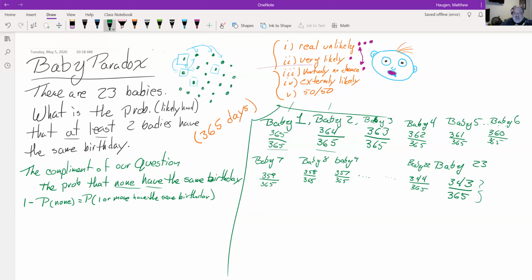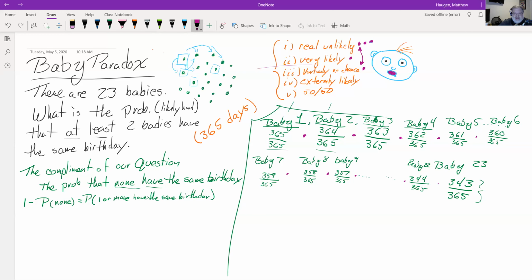So if we have to have all of these things happen, what did we do with the probability when this had to happen and that had to happen and this has to happen? What was our operation when we said and with probabilities? Multiply. So we're going to multiply these things together all the way down.